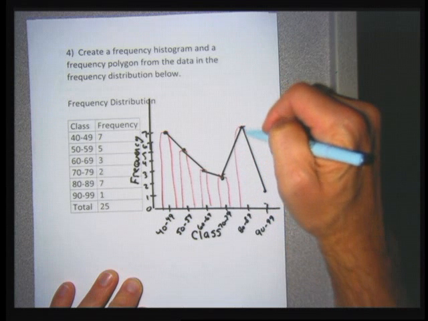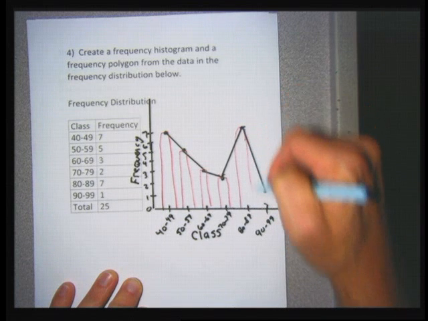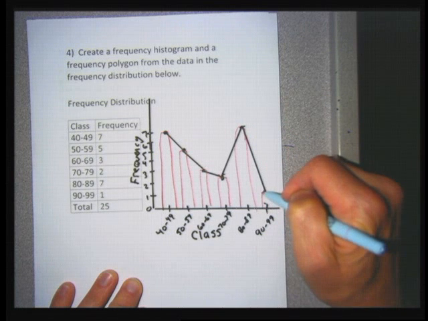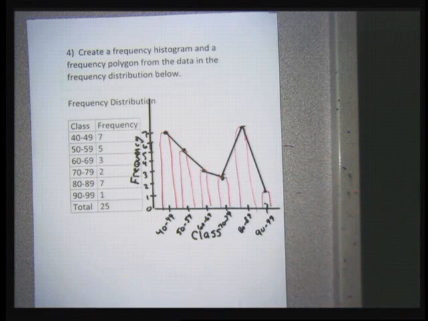If the bars are touching, it's completely fine. So again, that's both things shown on one graph. I'm not even writing a little code this time. I think it's obvious what the polygon is and what the histogram is.